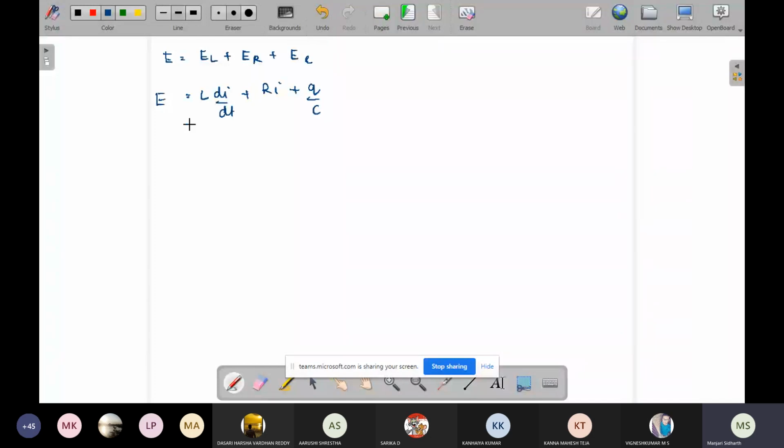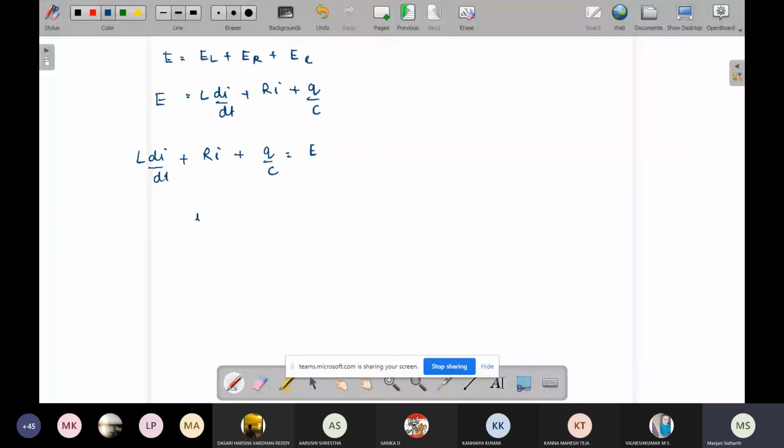So we'll write it in proper form: L di by dt plus Ri plus Q by C is equal to E, where Q is the charge.